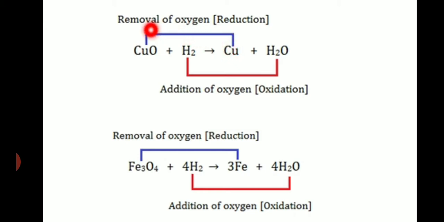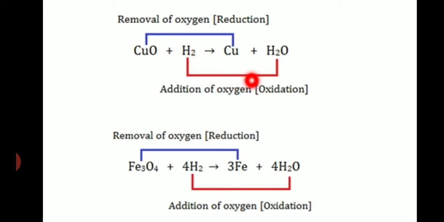So what has taken place here? Removal of oxygen. What is removal of oxygen? That is reduction reaction. So we have done the first one. Take the second element. This is hydrogen. When hydrogen is in the reactant part, it is alone.